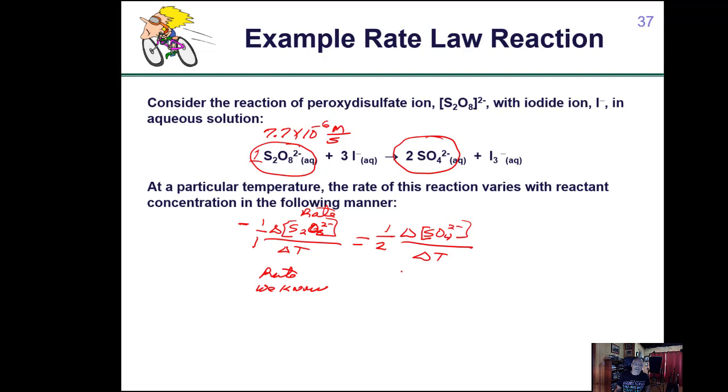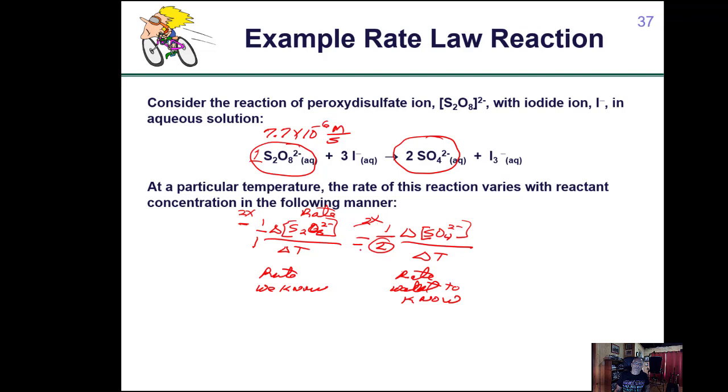This is the rate that we know, and this is the rate we want to know. My spelling's terrible, and so is my handwriting. No big deal. All right, so here we go. We take the denominator of the rate that we want to know, and we multiply both of these numerators by that same denominator.